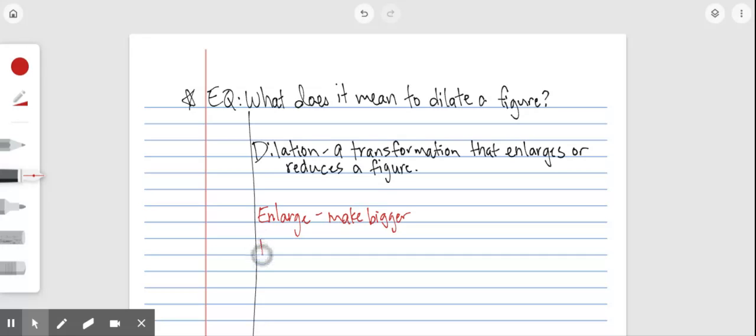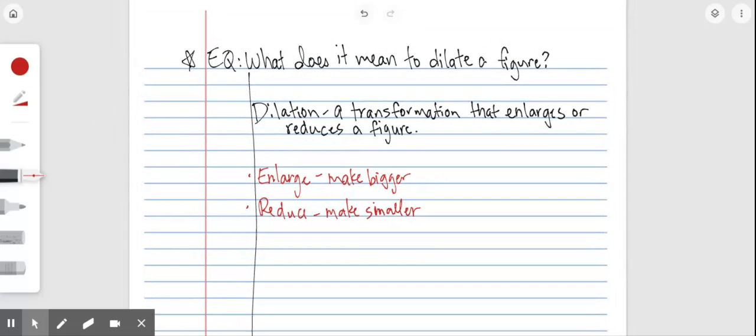Okay, and then reduce to make smaller. And it's the same idea. You want to make sure that you make the whole thing bigger or the whole thing smaller. And you're going to do this proportionally. So when you enlarge a dilation, well, actually, I'll go over those rules too in a second.